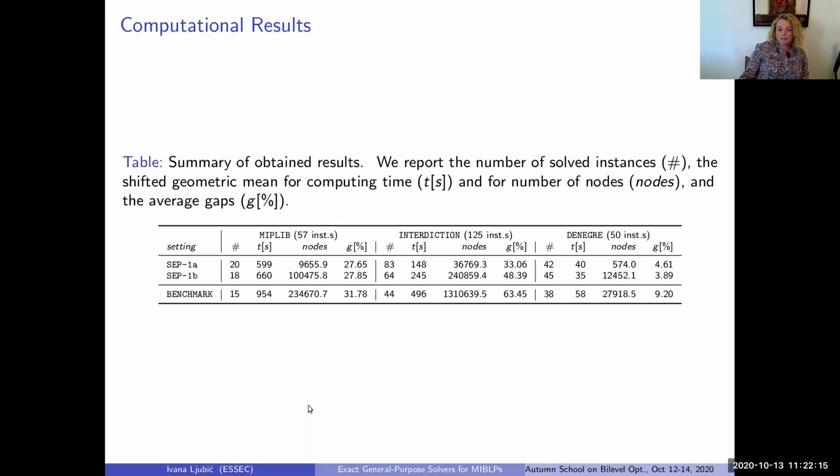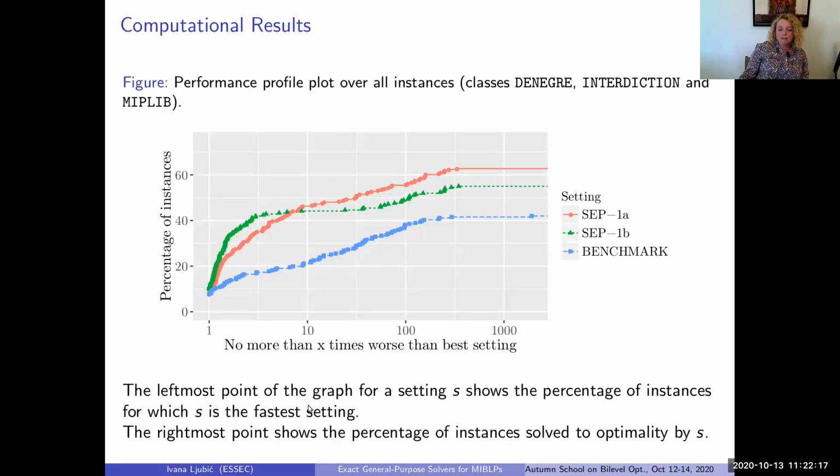Okay, so let me skip this table and let me just show you the performance profile. What you can see is the following. The benchmark manages to solve roughly 40% of the tested instances within the given time limit. And our branch and bound approach, in which we separate intersection cuts instead of the cuts proposed by DeNegre and Ted Ralphs, solves slightly more than 60% of them.